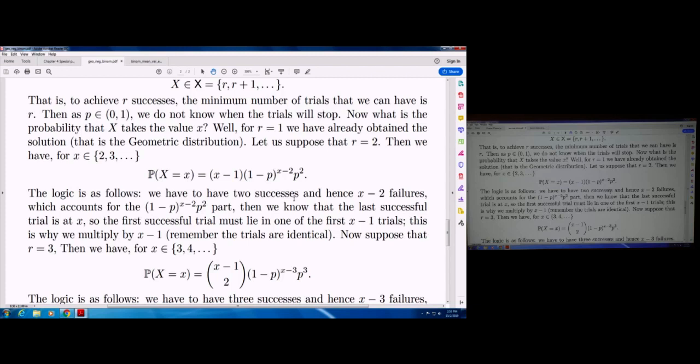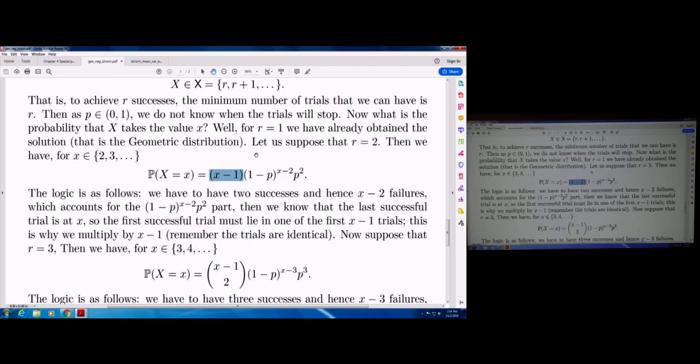I could get tails, head, or I could get tails, tail, head, head. Okay, so that's 3 ways, x minus 1 ways of doing it. So this term here comes from the fact that the other success could have landed anywhere in those remaining x minus 1 trials. So that's why we multiplied by x minus 1.